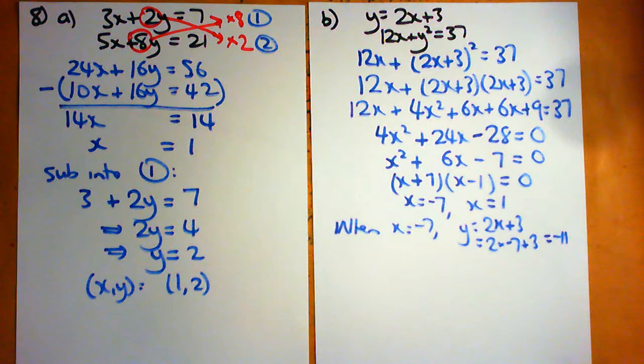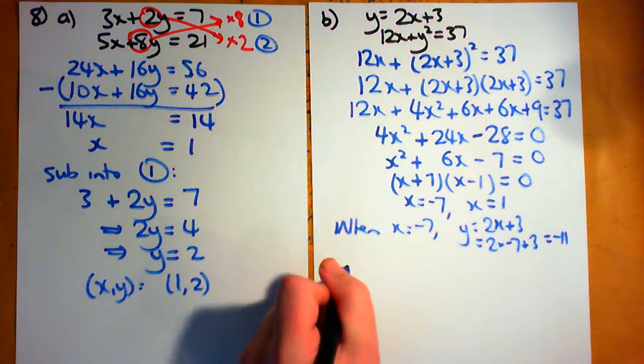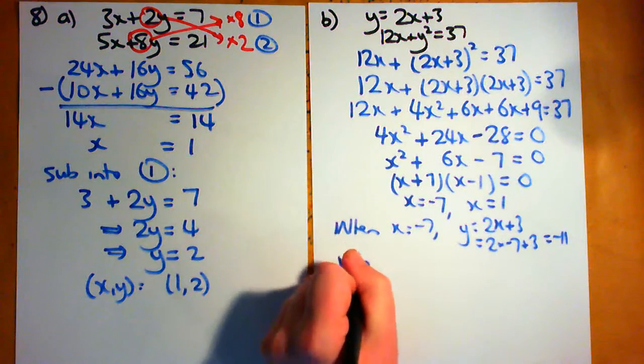Let's check that that satisfies the second equation. 12x is going to be 12 times negative 7, which is negative 84. y squared, y is negative 11, square that, we get 121. So negative 84 plus 121 is 37. Check.